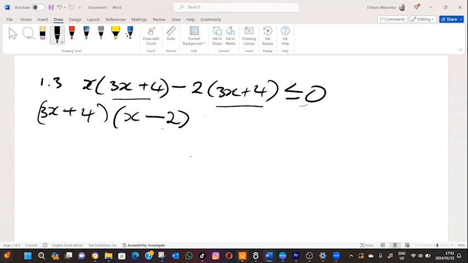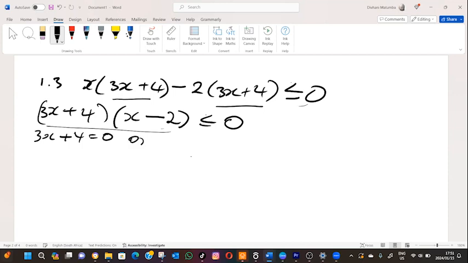Okay. Now, this is what we have. As you can see, this is a quadratic equation, and a quadratic equation is linked with a parabolic graph. Already you can see the two factors. The other factor is 3x plus 4 equals 0.